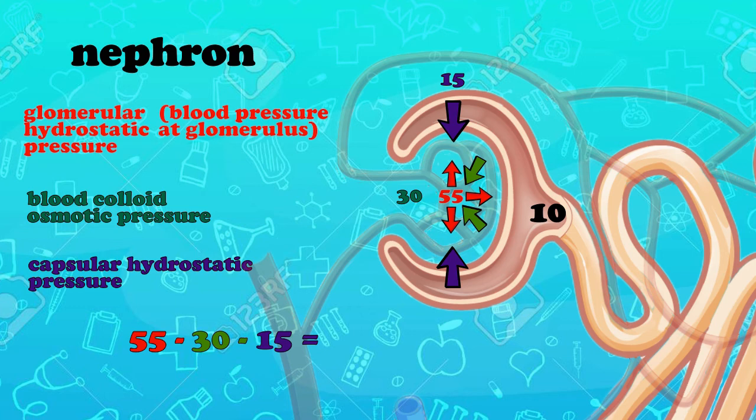Now, when the patient goes into shock and their blood pressure drops because of bad cardiac output or because of sepsis or because of hypovolemia, and that 55 millimeters drops by 10 millimeters or more, now you have no net outward pressure. It's zero. And that means there's nothing flowing through the nephron. That means the kidneys have shut down.